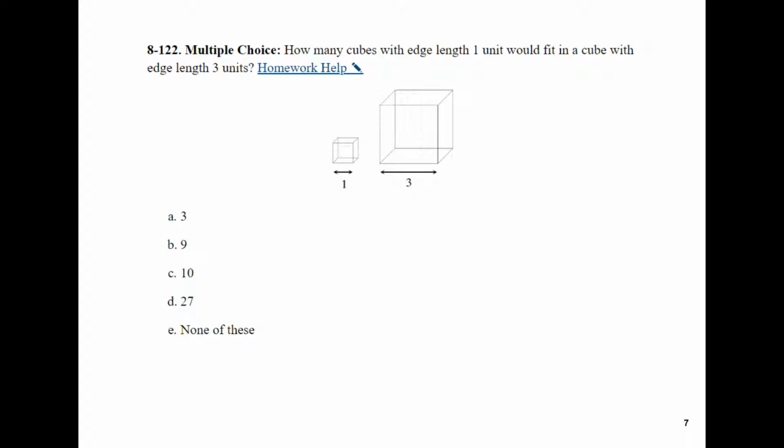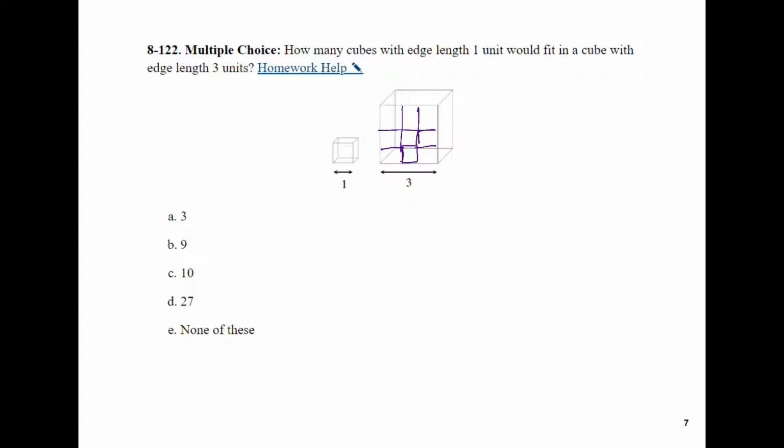8-122 is a multiple choice question. It says, how many cubes with edge of 1 length would fit into a cube with the edge of 3 lengths? So looking at this, if I had 3 cubes, I know a cube is the same in both dimensions.